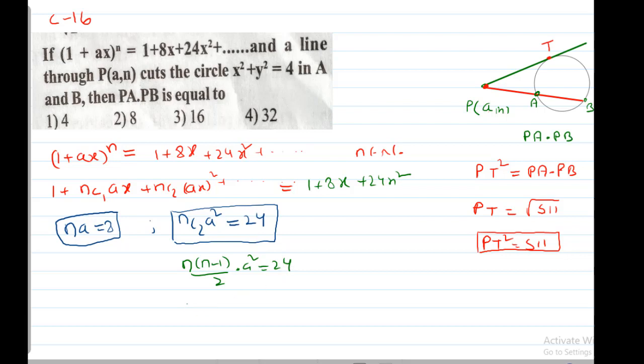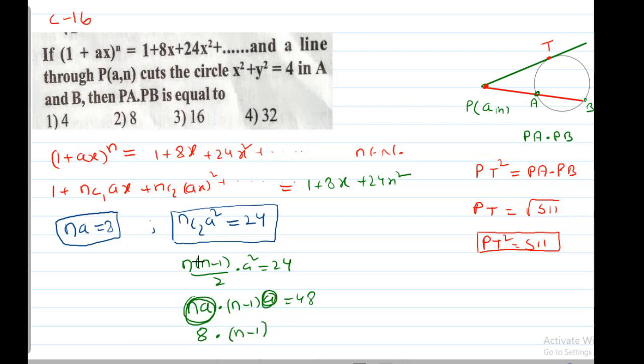So what is this? na × (n − 1) × a, okay, equals 48. So instead of this na, I can write 8. 8 × (n − 1). I want to convert everything in terms of n.